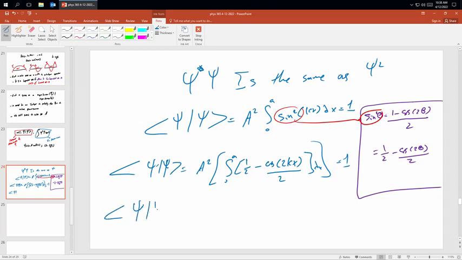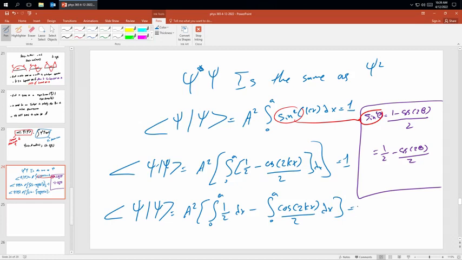So psi conjugate psi is going to equal A squared times the integration from 0 to a of 1/2 dx minus the integration from 0 to a of cosine 2kx over 2 dx, which equals 1. Okay?